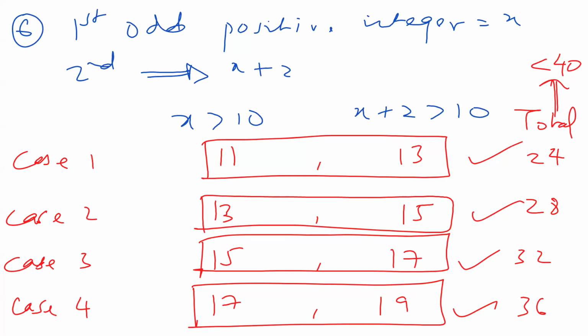Okay. Second problem. Exercise 5, question number 2. In the first 4 papers, each of 100 marks, Rishi got 95, 72, 73, 83 marks. The average should be greater than or equal to 75.